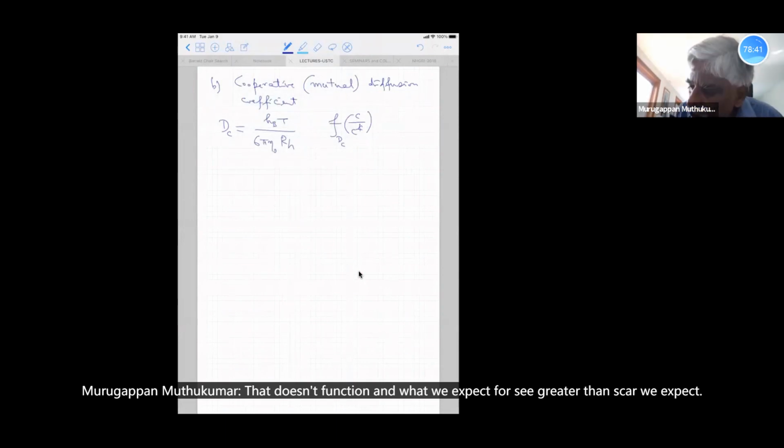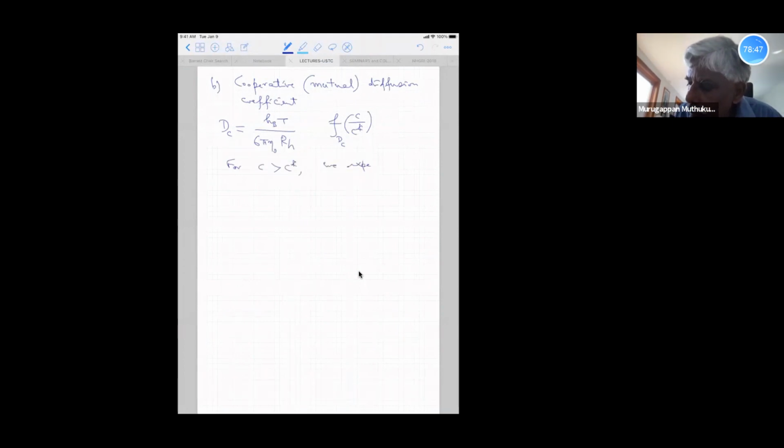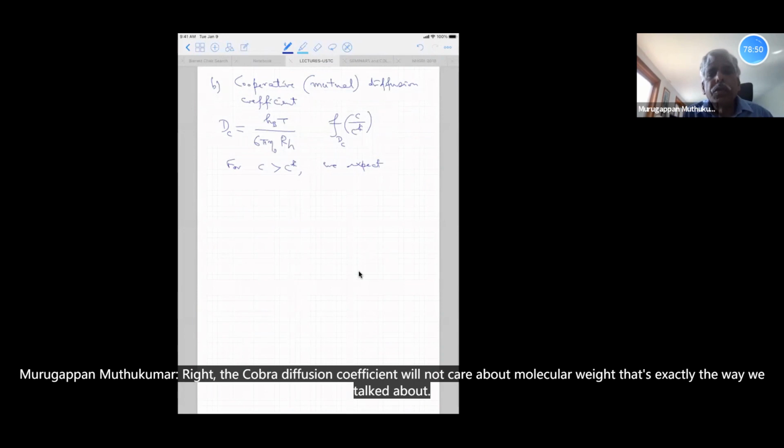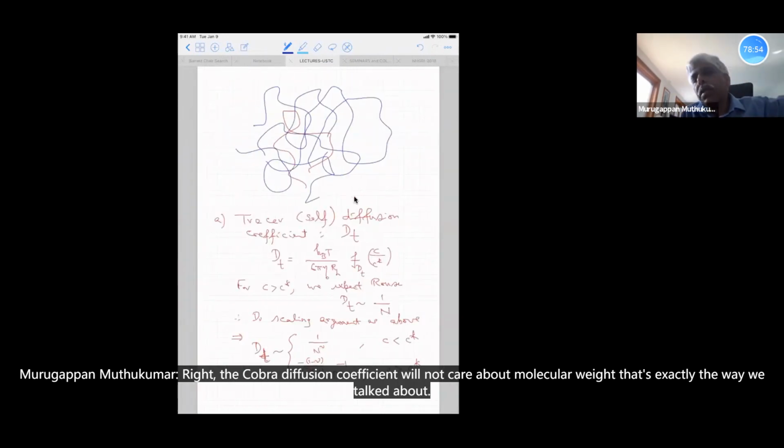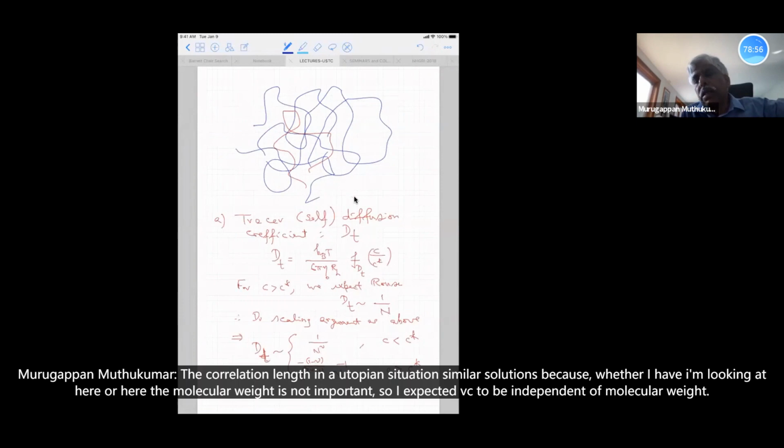And what do we expect? For C greater than C star, the cooperative diffusion coefficient would not care about molecular weight, just exactly the way we talked about the correlation length in an equilibrium semi-dilute solution. Whether I'm looking here or here, the molecular weight is not important.